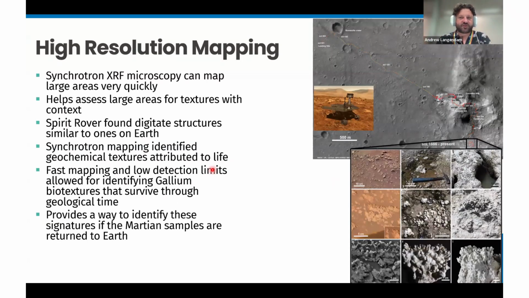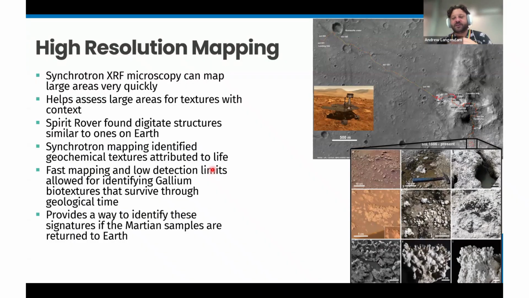So let's talk about a bit of a case study here. For some high-resolution mapping, this is a project I've been involved with some collaborators over at the University of Auckland. They are looking at samples that are similar to some things that were found by the Spirit rover in Gusev Crater on Mars.